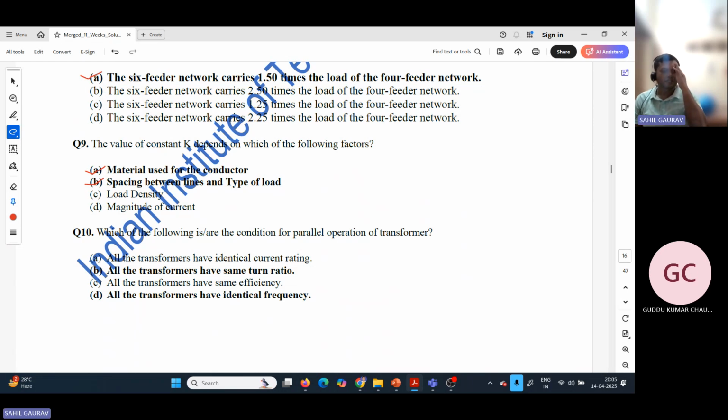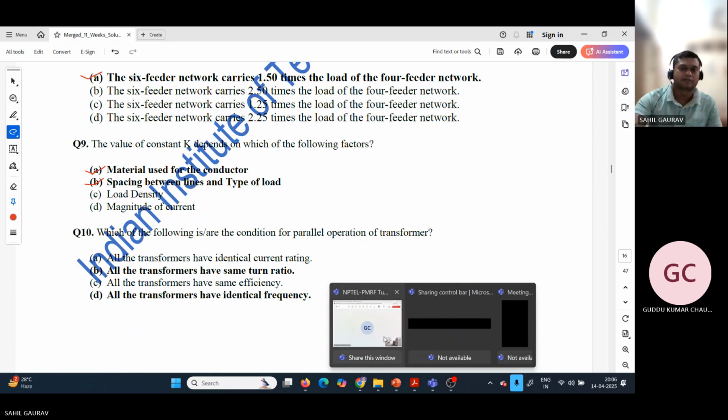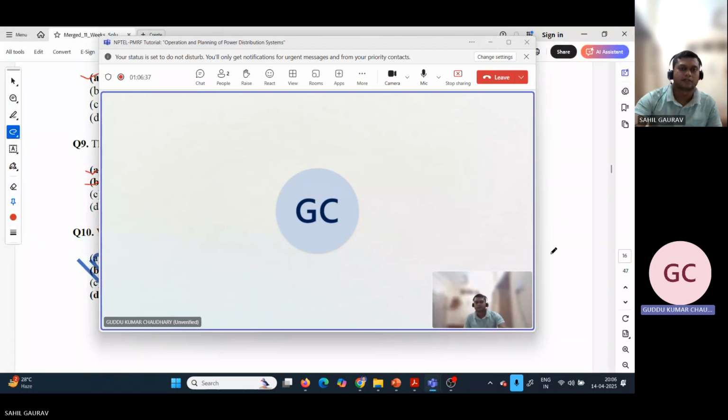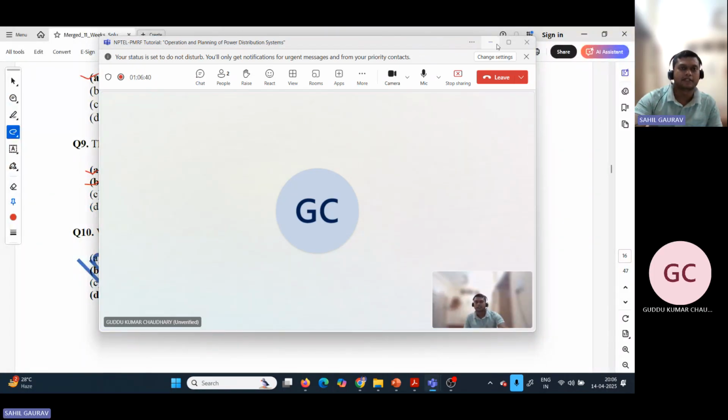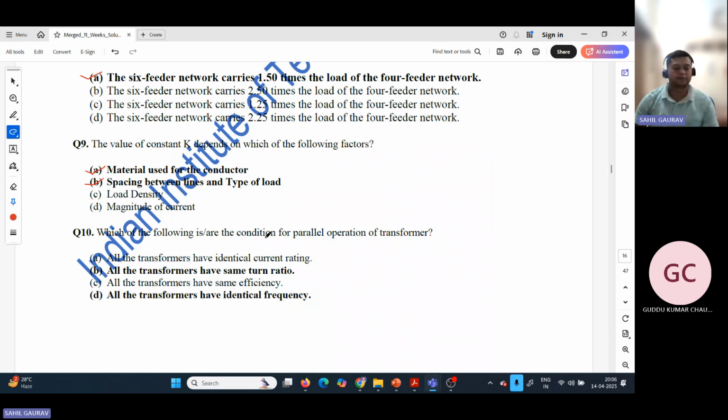So Guddu, can you tell why the K factor does not depend upon the load density? Are you here? Yes, sir. Do you know why this K factor does not depend upon the load density? K factors are the material used for the conductor, and spacing between lines, and type of load.